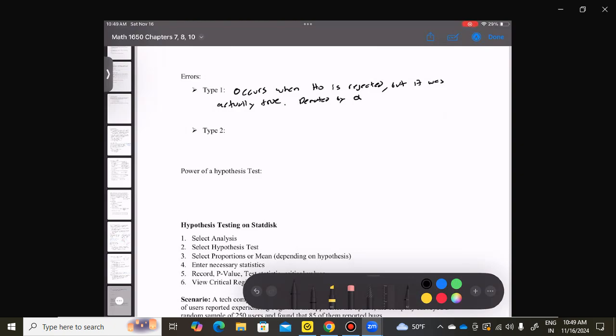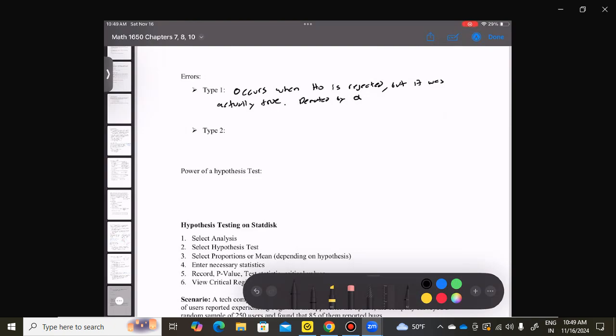Denoted by alpha is that type 1 error. Kind of looks at, okay, you got 5% chance of having an error here. Basically, either your alpha is maybe too big and that's why this happens, or maybe your sample size is too small. That's usually one of the two is the case.